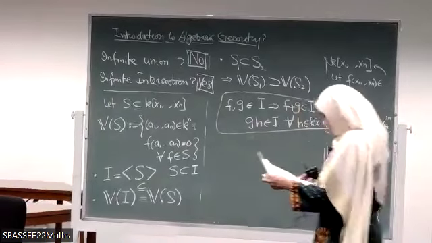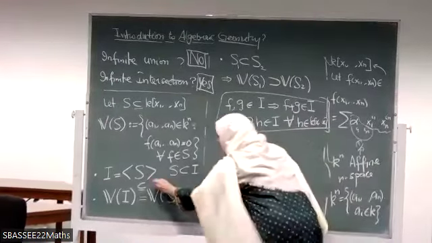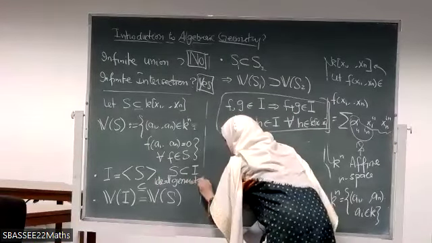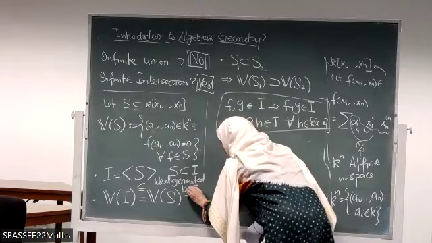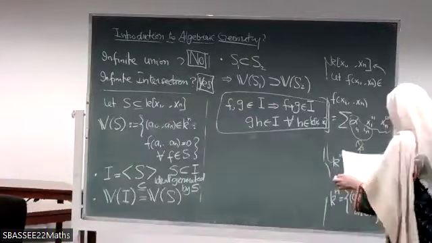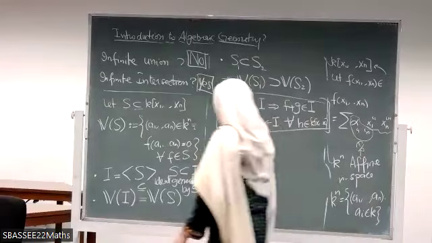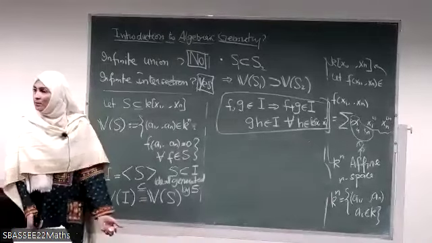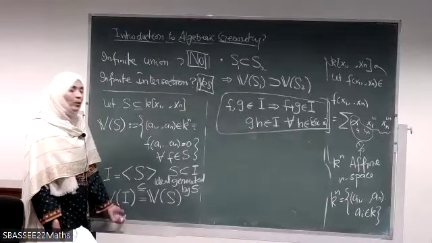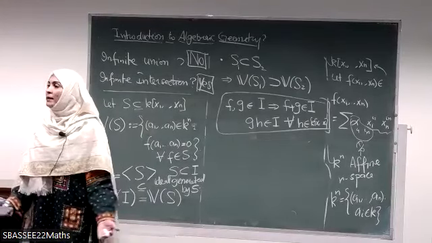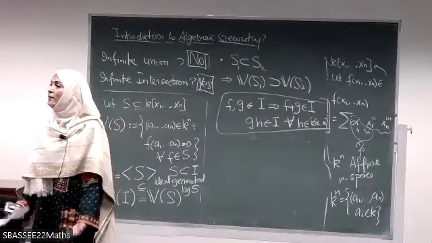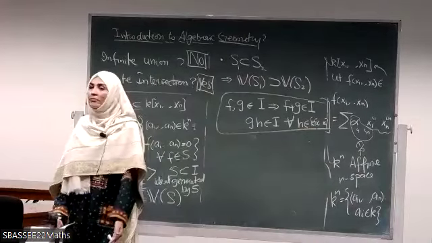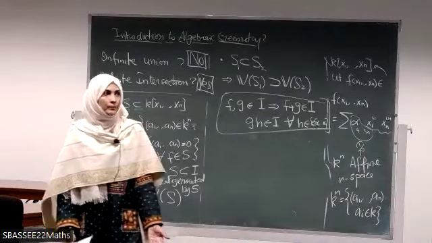Okay. Now let me write here that this is just the ideal generated by S. Here I will use a main result of Hilbert, known as Hilbert's basis theorem. This says that every ideal in your polynomial ring has only finitely many generators, which means that every ideal is generated by finitely many polynomials.